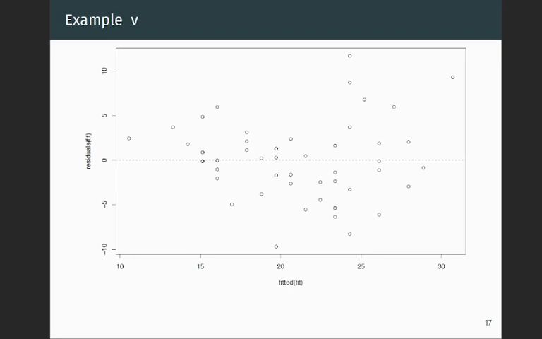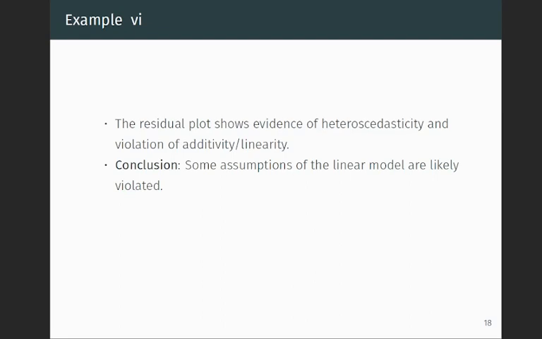So if I look at the left-hand side of the plot, the range of values is tighter than if I look at the right-hand side of the plot, where it's wider. And so this would be evidence of unequal variance, or heteroskedasticity. Okay, so as a conclusion, it looks like some of the assumptions of the linear model are potentially violated.